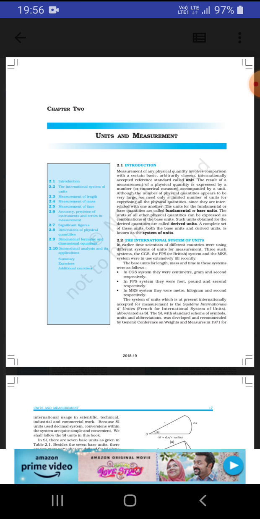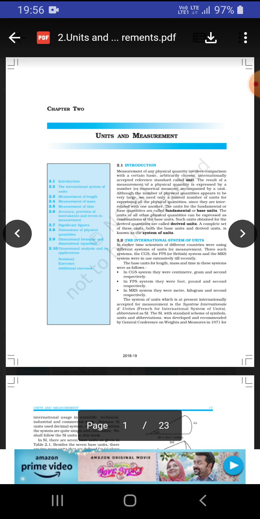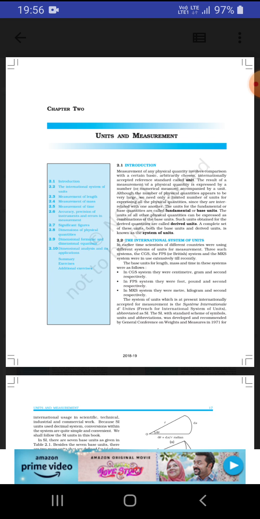Such units obtained for the derived quantities are called derived units. And a complete set of these units, both base and derived, is called the system of units.